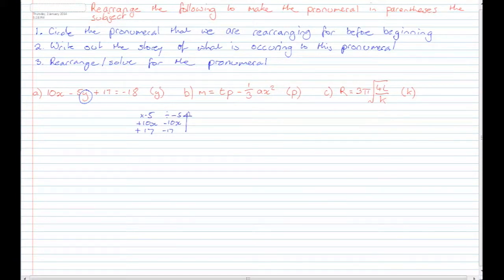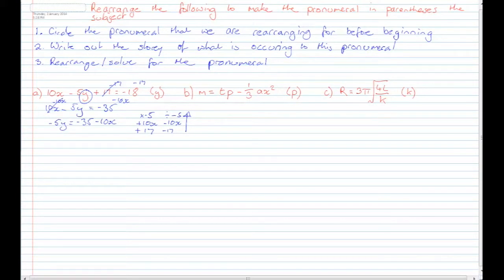Draw the arrow, and let's just go through and rearrange. So we go minus 17 from both sides. The 17s will cancel out, so then you get 10x minus 5y equals -35. Minus 10x from both sides gets us -5y is equal to -35 minus 10x.